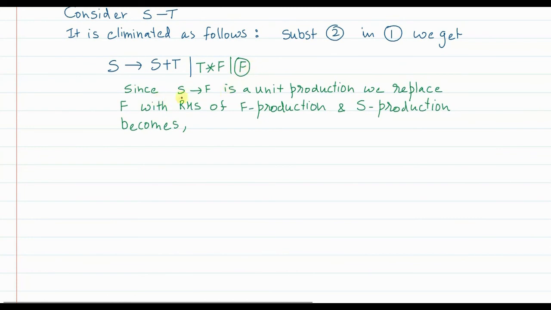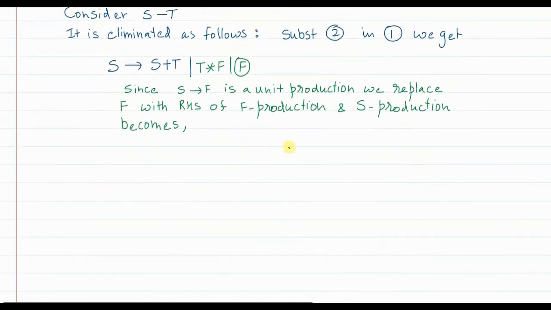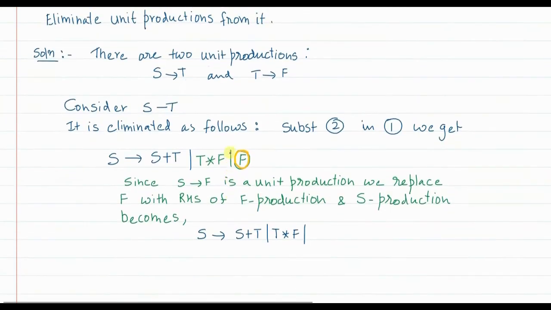So since S gives F is a unit production, we replace F with the right hand side of F production. If you find out, there is also an F production here. So we try to replace that F with the right hand side of F production, that is bracket S, close the bracket, slash A. So S production now becomes S gives S plus T, second term remains the same, T into F, whereas the third term, that is this F, gets replaced with the right hand side of F. And what is the right hand side of F?